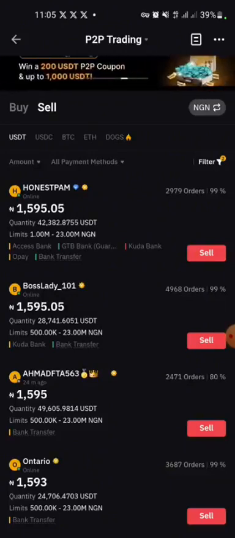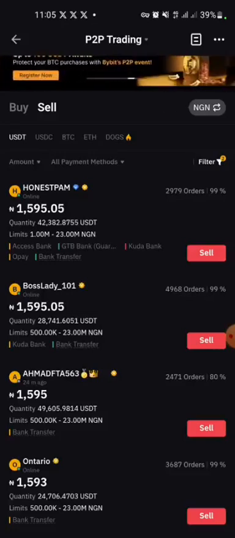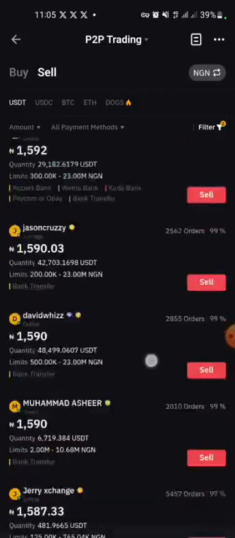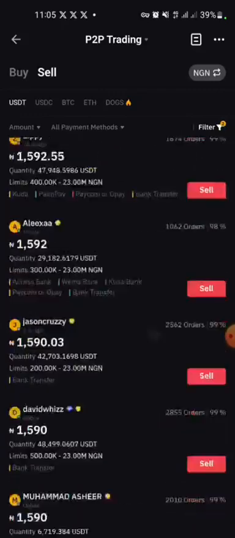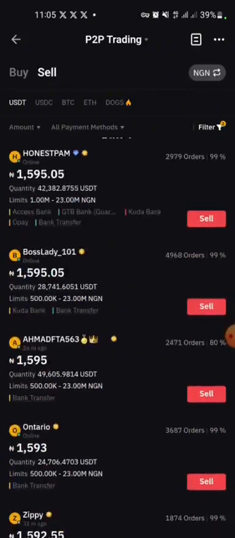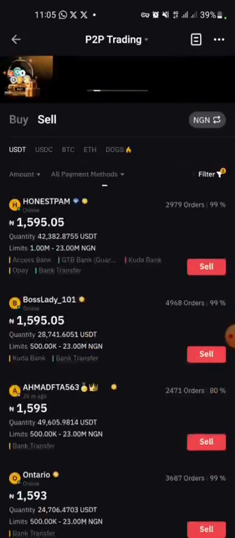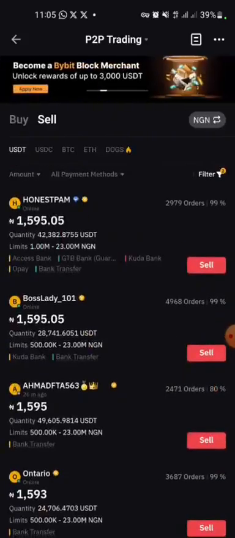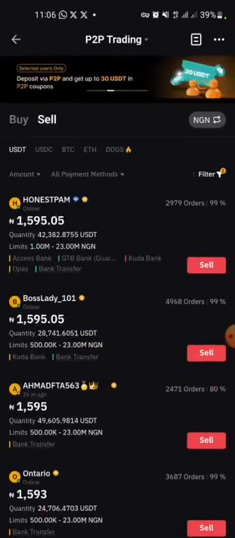Note the exchange rate, right? Check the disparities between this first one and the ones below, right? If there is no much gap, it's good to go, because the people that always mention that people scam them, most of them are greedy, because once they open it, they will see someone with all these scammers.